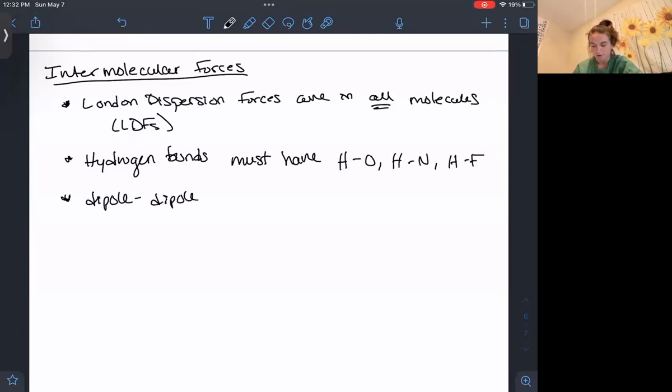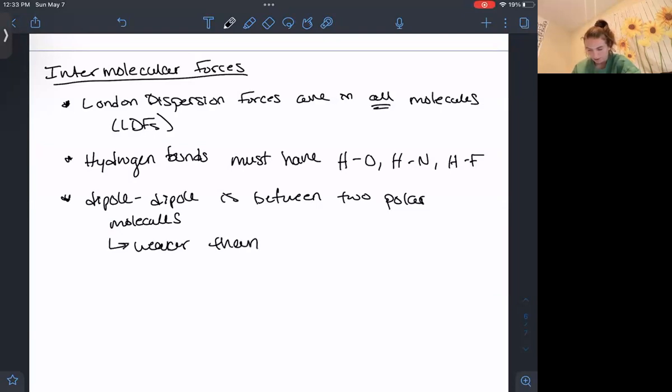Dipole is between two polar molecules. And these are weaker than hydrogen bonds.